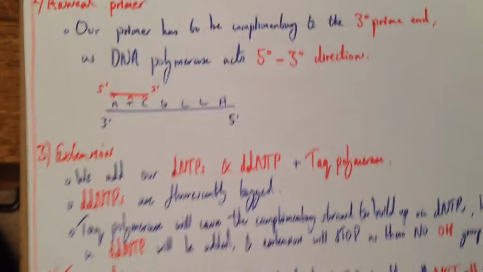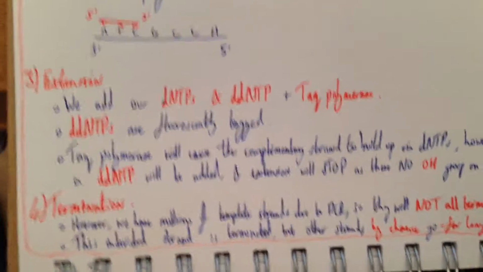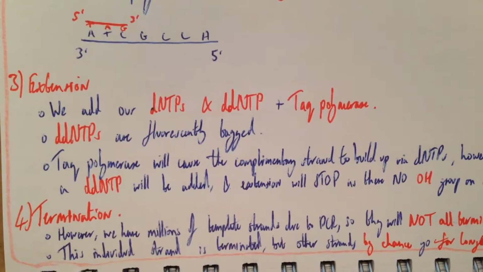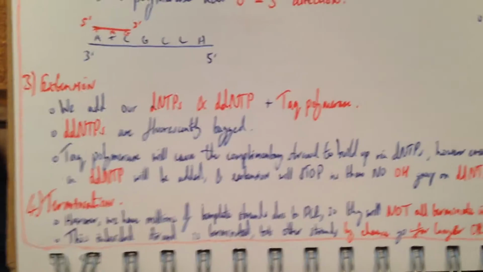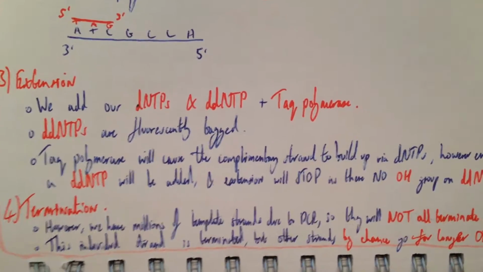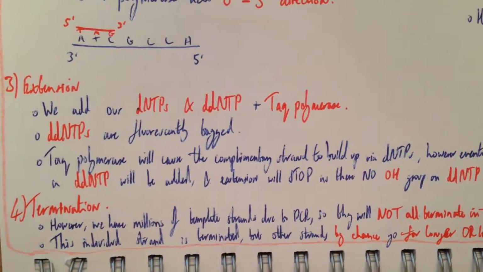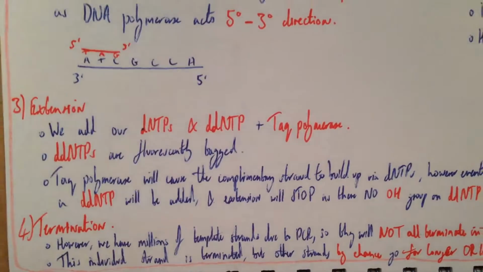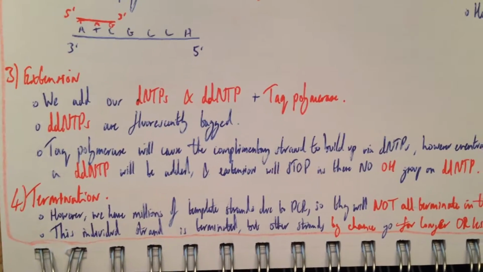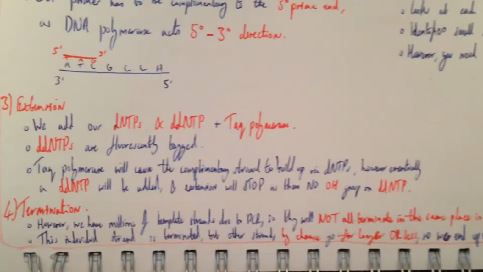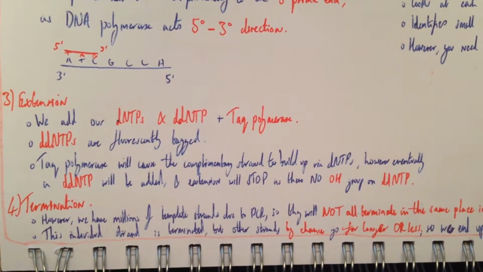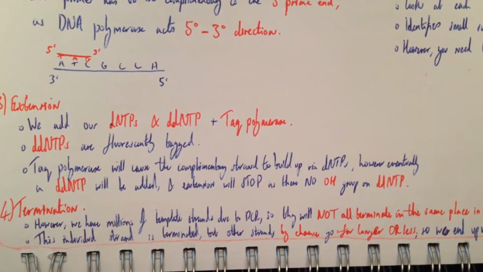So number 3, there will be extension. We add our dNTPs and our ddNTPs and our Taq polymerase. The ddNTPs, excuse me, are fluorescently tagged. So the Taq polymerase will cause complementary strands to build up via dNTPs.